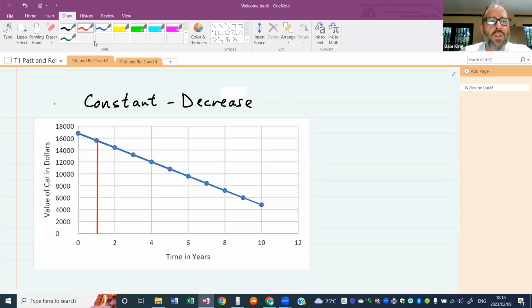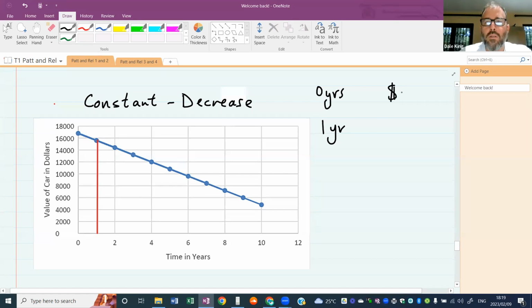So it's changed from 0 years to 1 year. The purchase price was 17,000 US dollars, and now the value is 15,900 US dollars. So that car is starting to devalue. It's starting to lose its value.